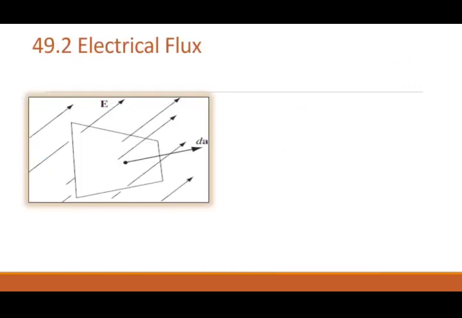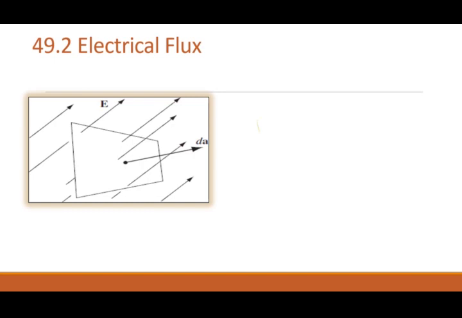Now let us consider the concept of electric flux. Here, as is shown in this figure, we have electric field lines and you have to hold a unit surface area perpendicular to these field lines.